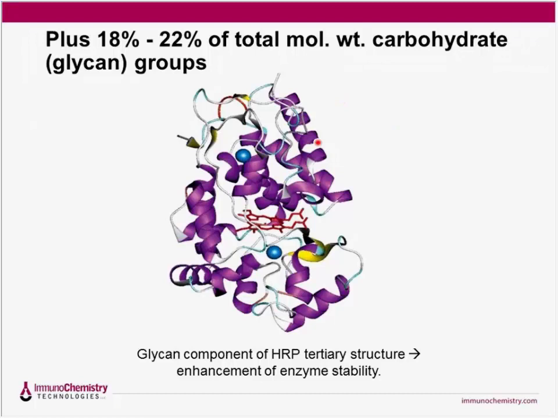I did not have a nice illustration to show you of these glycan chains popping out of the enzyme, but trust me that they are present, and their presence on the enzyme serves to stabilize the tertiary structure of this enzyme, which translates into enhanced activity stability.